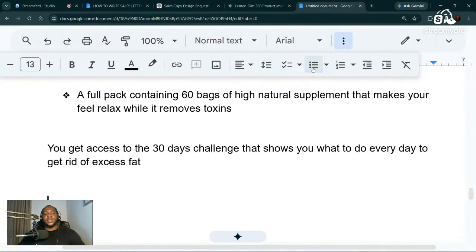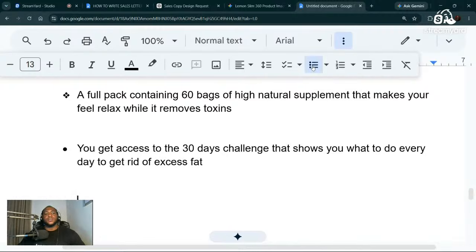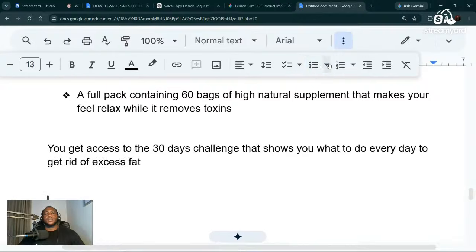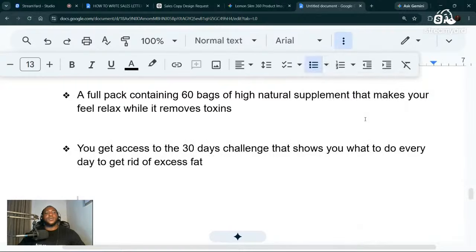Then number 3, you can see what we are doing here. Then number 3, you list number 3.